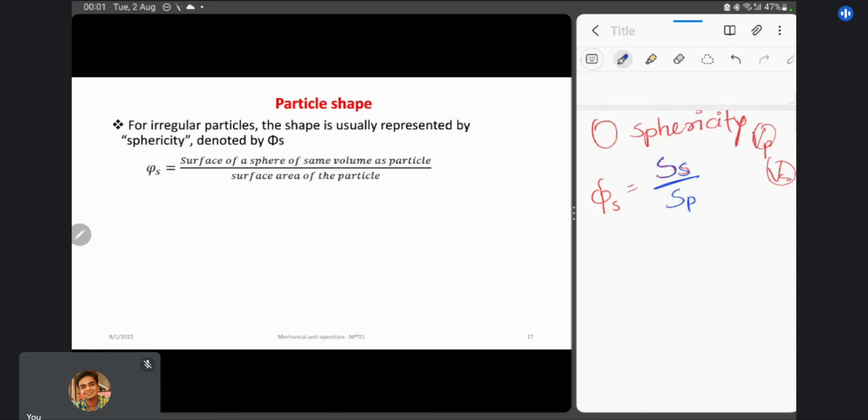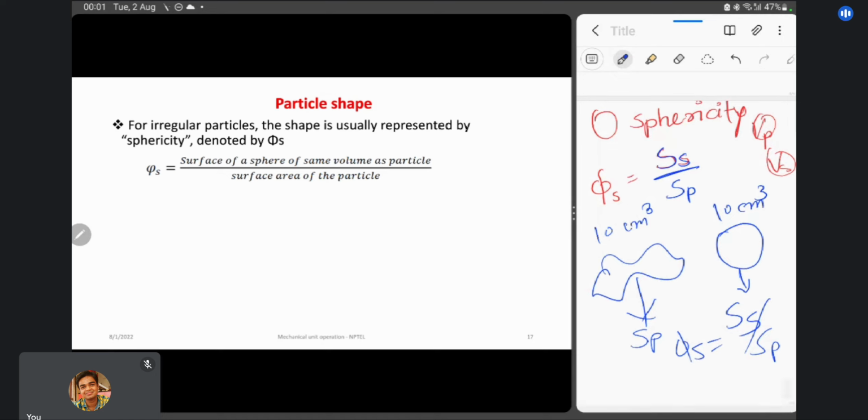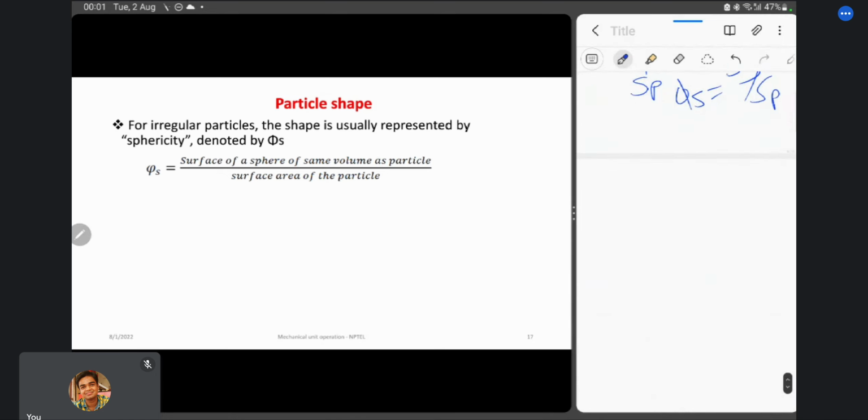You need both for calculating the sphericity. So suppose you have a 10 centimeter cube of an irregular particle, then you take the sphere of the same volume, calculate its surface area, then calculate the surface area of your irregular particle, and by taking the ratio you get the sphericity. So this is a simple definition of sphericity.